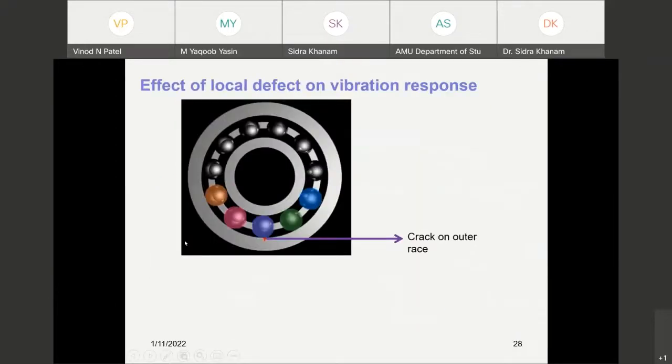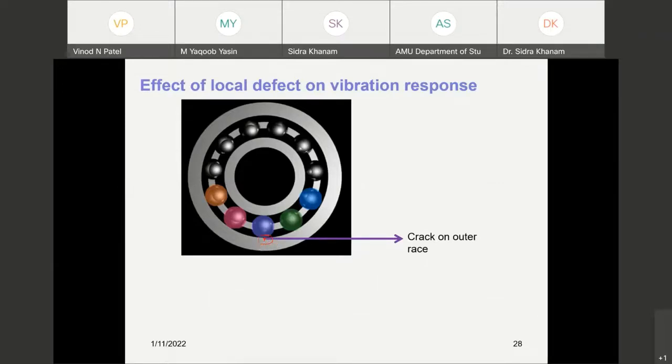Okay, so what happens if a defect is available in any bearing? What can be the vibration response of that defective bearing? Suppose in this particular case a crack or defect is available on the outer race of the bearing.